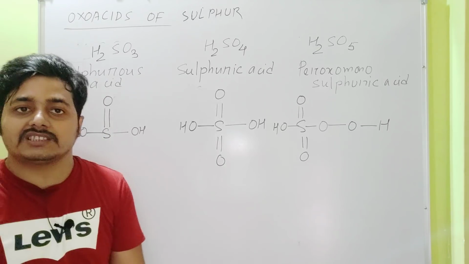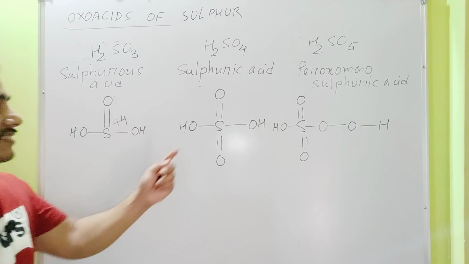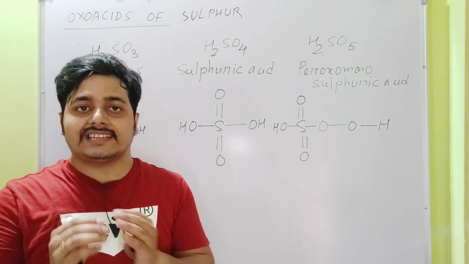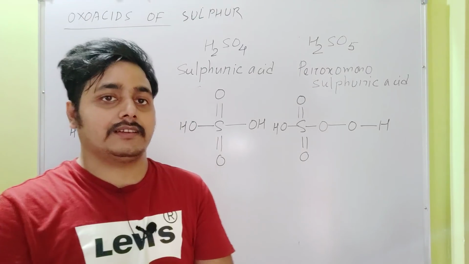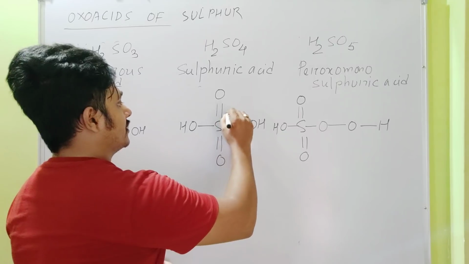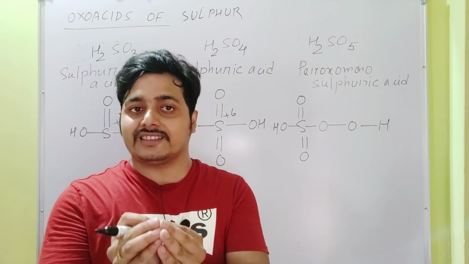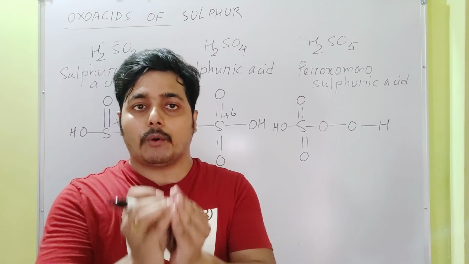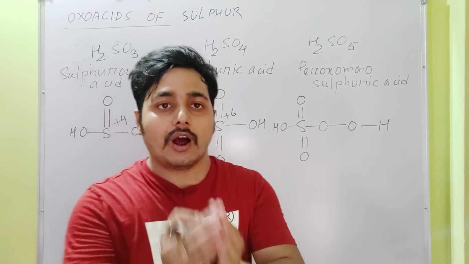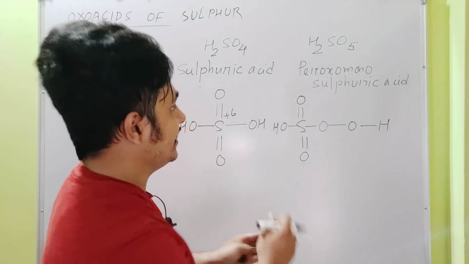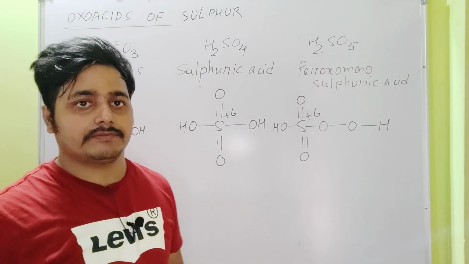Therefore, the oxidation state of sulfur is +4. In this case, sulfur is connected by 6 bonds with more electronegative oxygen. That's why it is +6. In this case, also sulfur is connected by 4 bonds with more electronegative oxygen. That's why it is in +6 oxidation state.